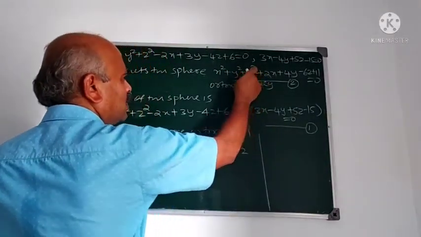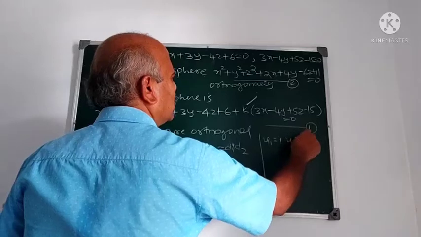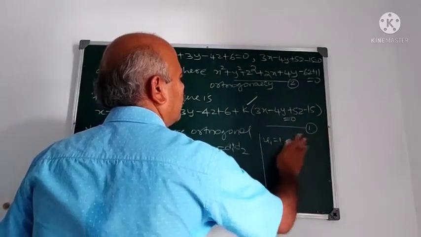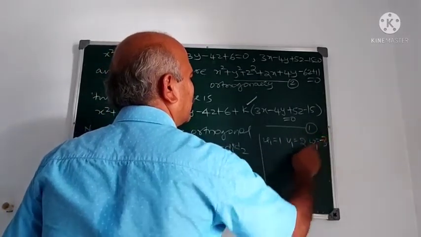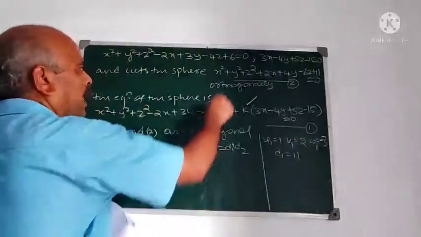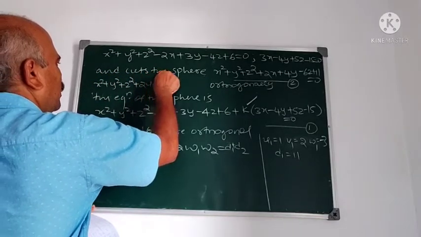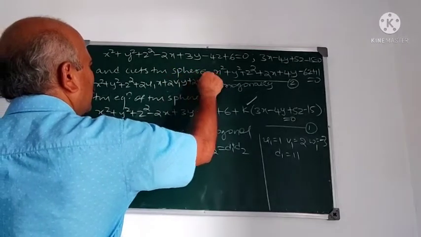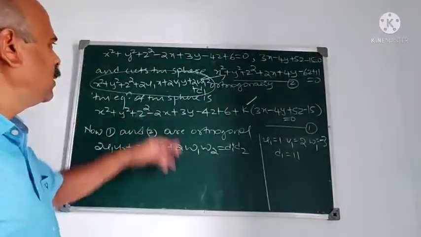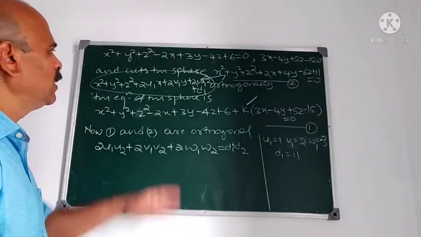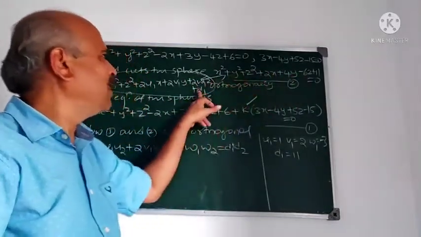Comparing this with the general equation x square plus y square plus z square plus 2u1x plus 2v1y plus 2w1z is equal to d1, we get u1 is 1, v1 is 2 because it is 2v1, w1 is minus 3, and d1 is 11.